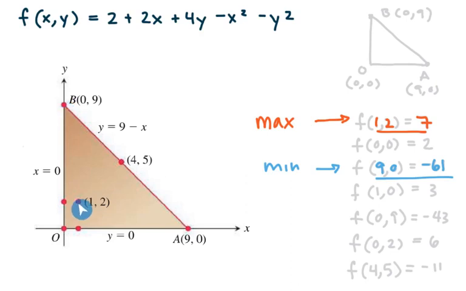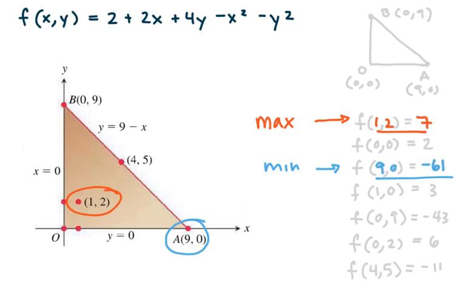We have the one critical value inside the region, and then taking the derivative of those functions that we created by setting x equal to 0, y equal to 0, y equal to 9 minus x, we were able to find these other 3 critical numbers on the boundary. And so the maximum is occurring at (1, 2), and the minimum is occurring over here at (9, 0).